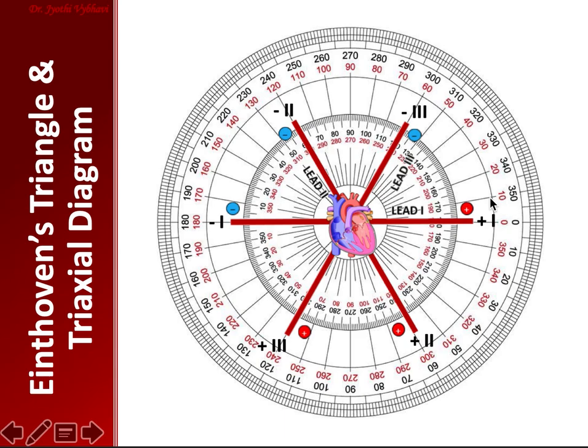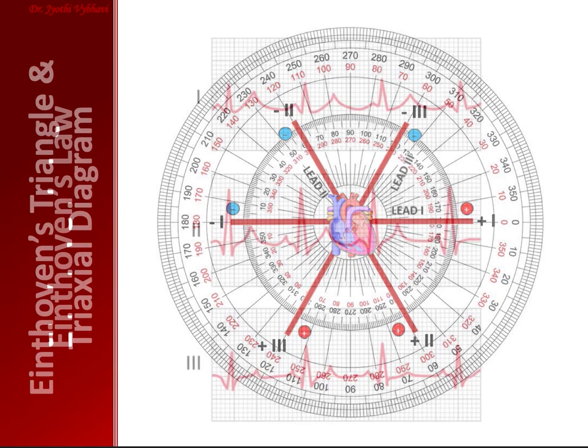So when we are putting degrees over here, you should not get scared. It's just that in the triaxial system we have put, the orientation of each lead and each axis to the positive angles we have taken, and it is just 0 degree, 60 degree, and 120 degree. So that's about the Einthoven's triangle and triaxial system.